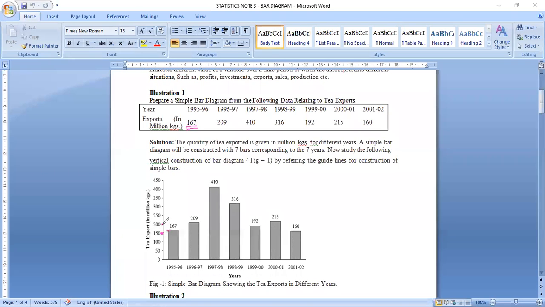Remember, this line indicates the 200 value. This line indicates 150. So approximately, I repeat the word, approximately, 167 will be here. So you draw this line. So you draw the bar like this. Clear?